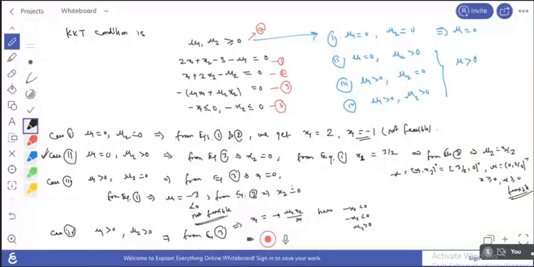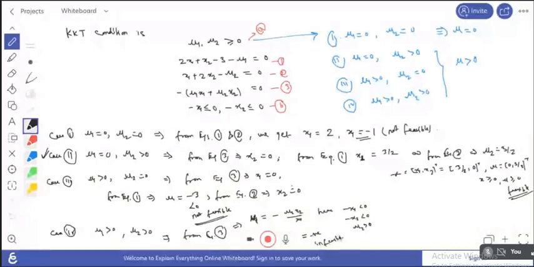Okay, so if x1 is greater than 0 and x2 is greater than 0, then this value is negative and this is infeasible. This is basically mu1, because mu1 equals minus mu2 x2 over x1. So this mu1 is negative. This is also infeasible.